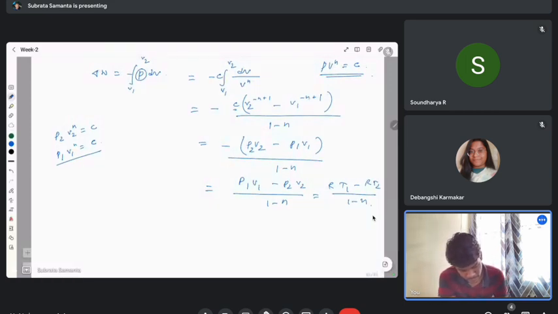So that means this delta W is R by 1 minus n times delta T. Yes, so delta T is T2 minus T1, or there is a minus. So this minus sign is just a convention.